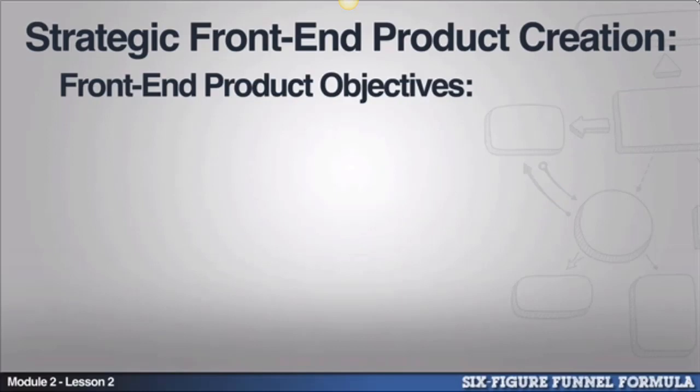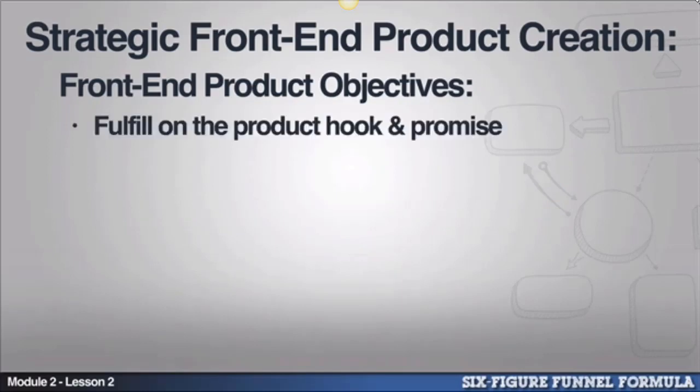Well, the first objective is that it fulfills on the product hook and promise. We already talked about developing your hook and developing your promise. Well, of course, the product that you now put in the hands of a new customer needs to fulfill on that.